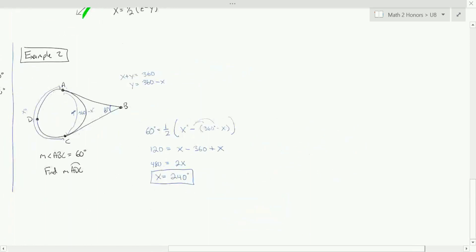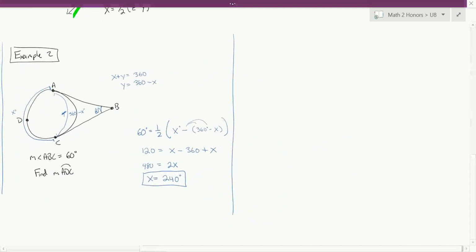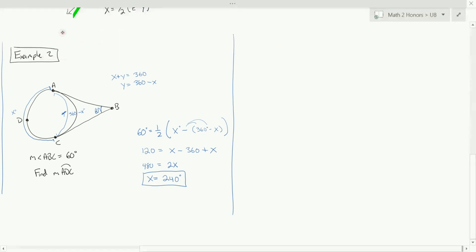Example 3. Here I'm going to give you a circle with a tangent and a secant line.